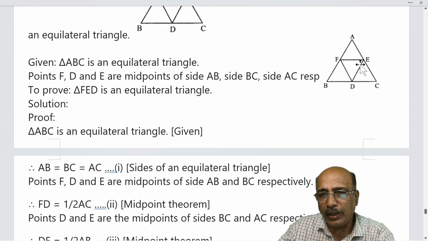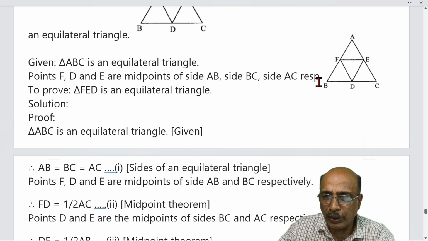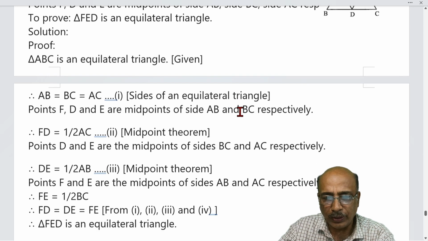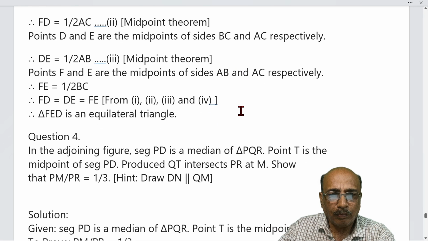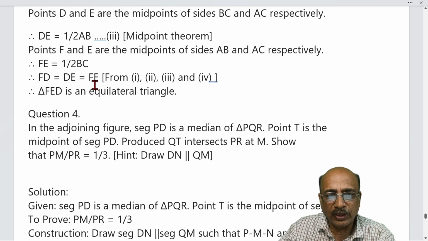Points F and E are the midpoints of AB and AC. Therefore, FE is parallel to BC as well as FE is half of BC. So, FD is half of AC, DE is half of AB and FE is half of BC. Equating all three terms, FD equals DE equals FE. Therefore, triangle FED is an equilateral triangle.